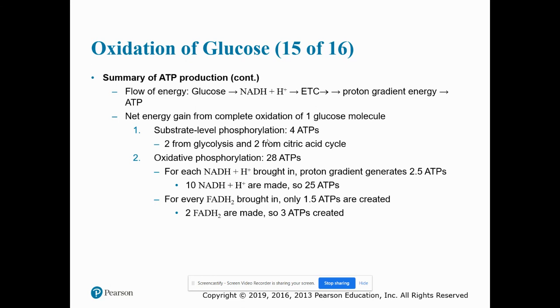For each NADH that's brought in, the proton gradient is going to generate 2.5 ATPs. So when we multiply the 10 NADH by the 2.5, we get 25 ATPs. For FADH2 brought in, only 1.5 ATPs are created. 2 FADH2 are made, so 3 ATP are created.